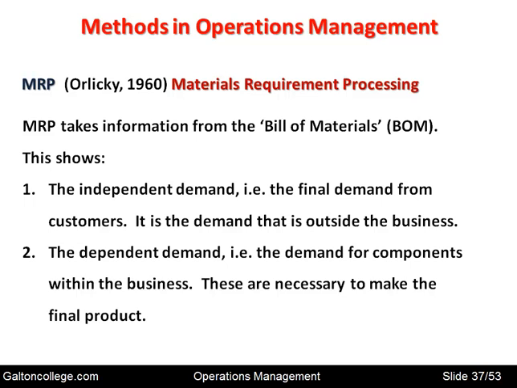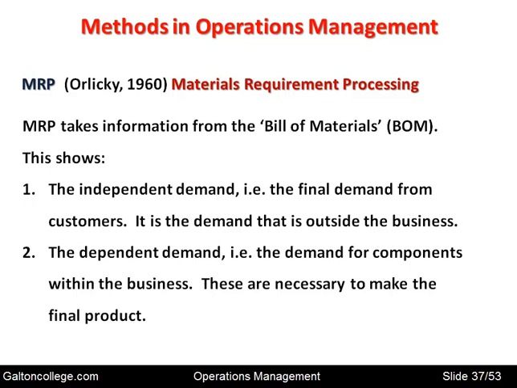The dependent demand, i.e. the demand for components within the business, well, these are necessary to make the final product. So there is a dependent demand. Now the dependent demand means these are the components and the issues that are needed.